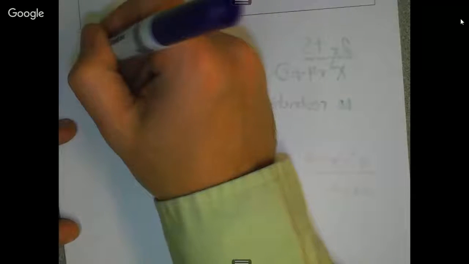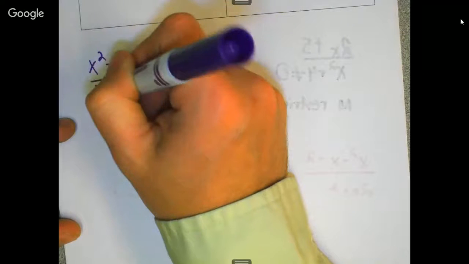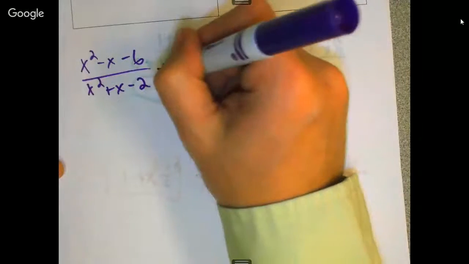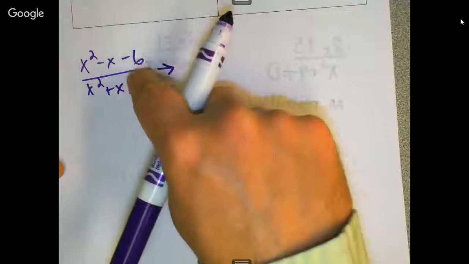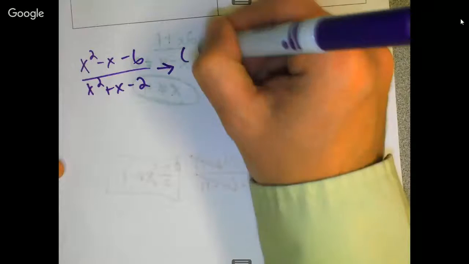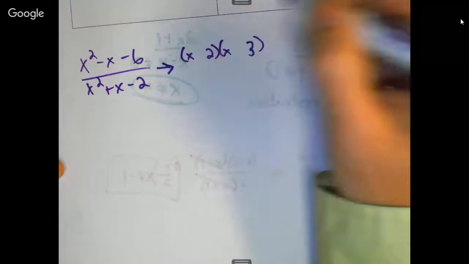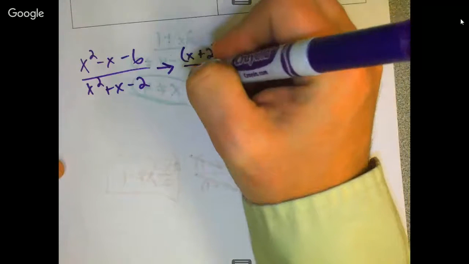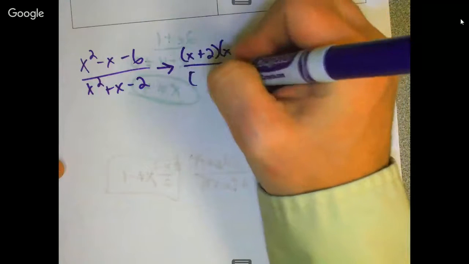So if we look at maybe this one, okay, so again, I factor both the top and the bottom. So any factors of 6 that subtract to 1, that's 2 and 3. And they're different. The bigger one is negative. Factors of 2 that subtract to 1, that's 2 and 1.